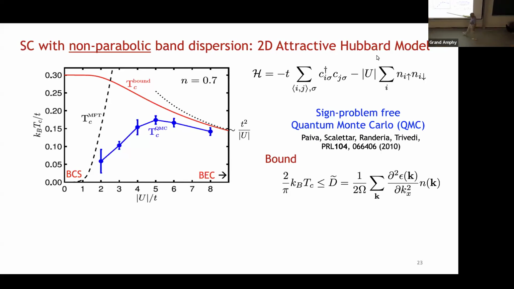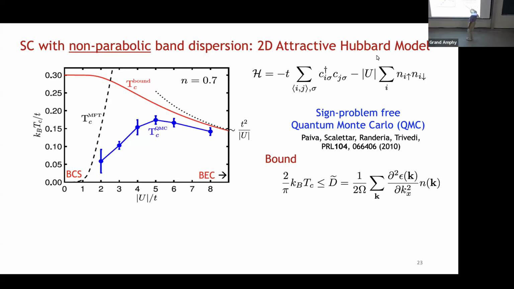This is the BCS answer, with its essential singularity. Clearly, this temperature has nothing to do with that temperature. Now we can ask, what does our bound say? And it turns out this is what our bound says.